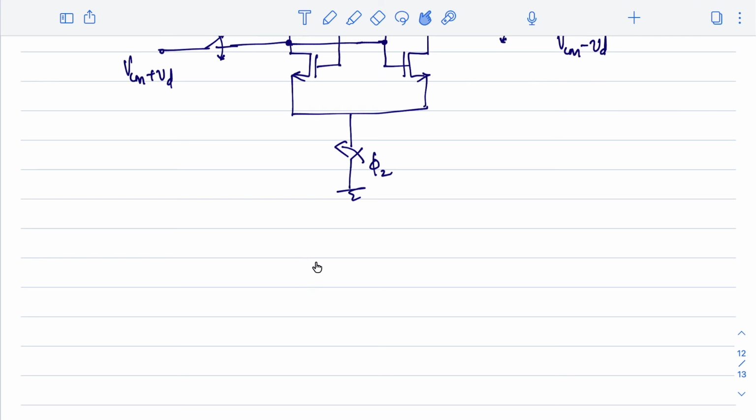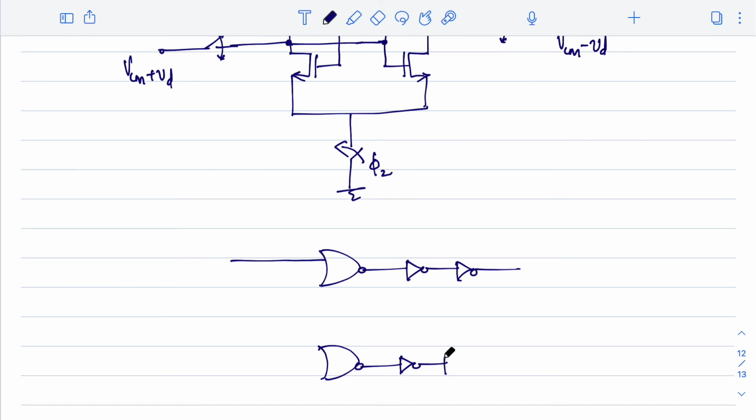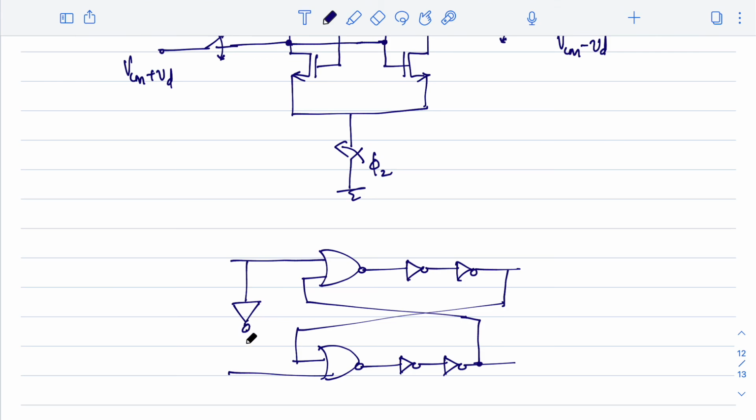The simplest circuit is this, and this is how we will have a very simple non-overlapping clock generator, where you give an input here which can give you phi 1 and phi 2.